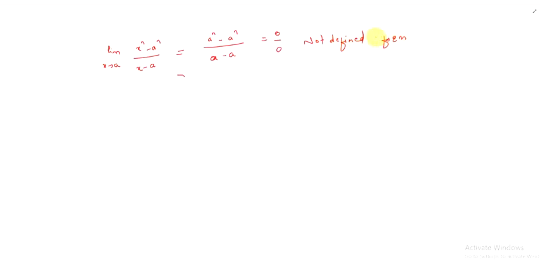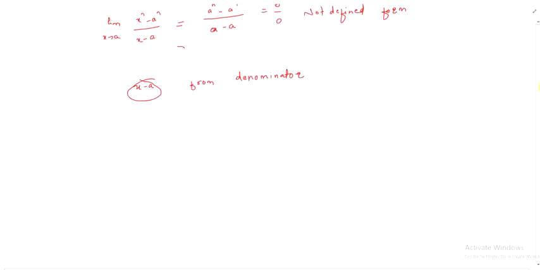So to remove this, it is necessary that first we remove the term x minus a from the denominator, isn't it? So how do we remove it from the denominator? If we obtain the same term in the numerator, then we can remove it by cancelling the same terms from numerator and denominator.